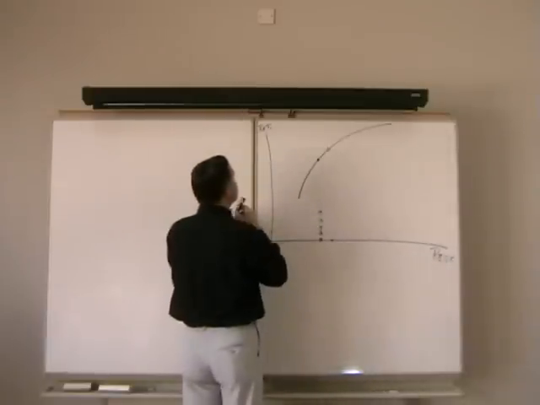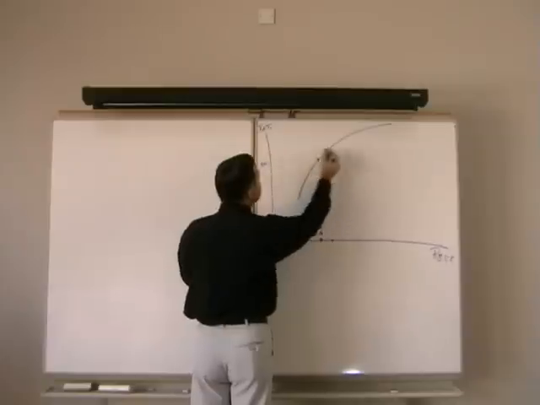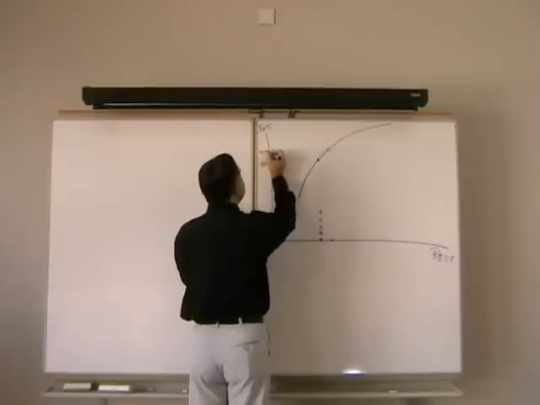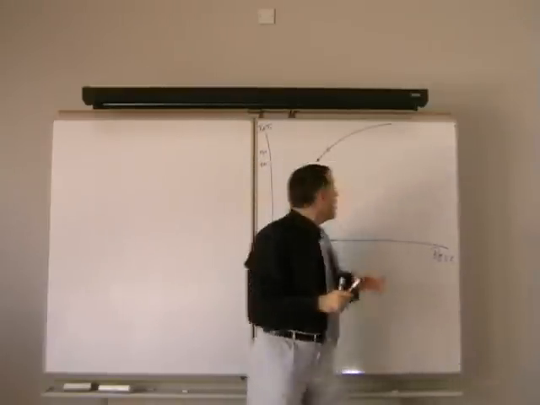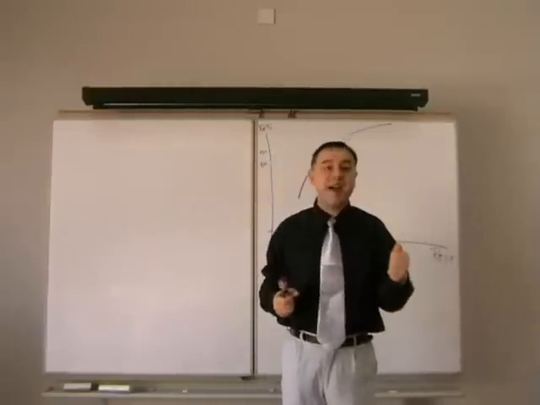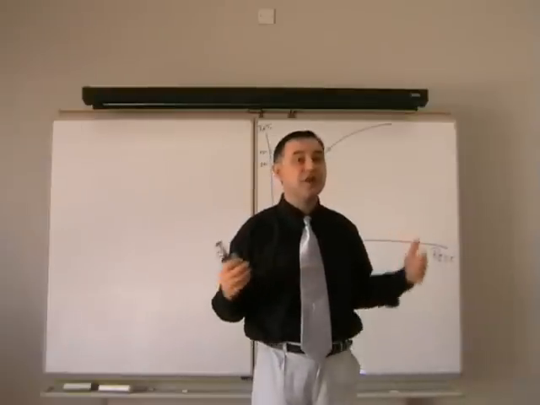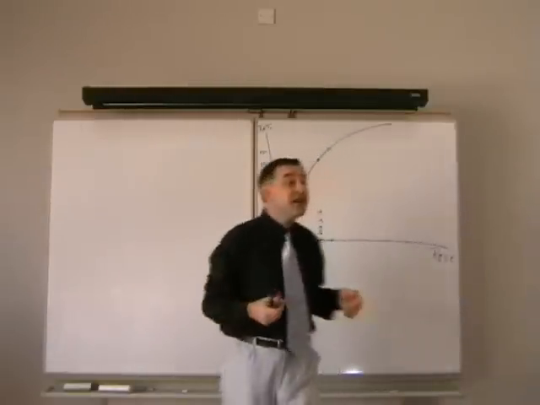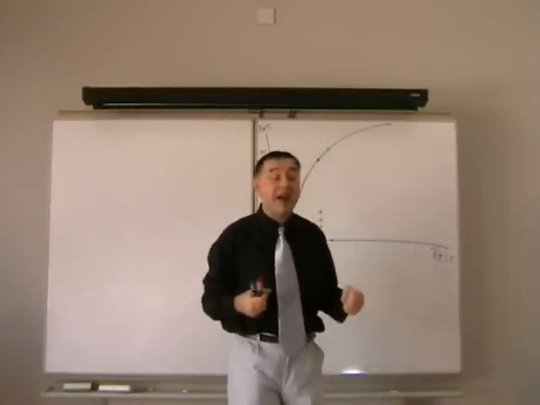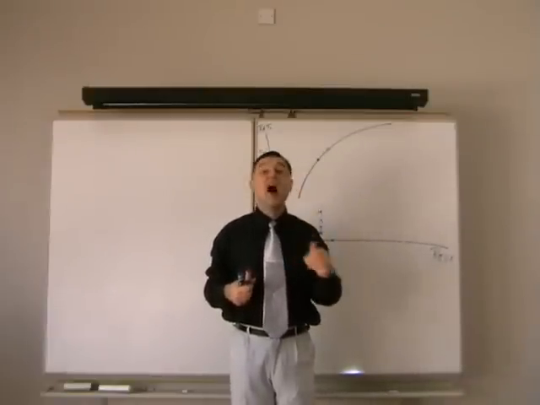If this return is 11%, then this return will be, let's say, 13%. So, what the efficient frontier does is to extract as much return as possible. That's what diversification is. Diversification is an attempt to extract more return out of the same risk.